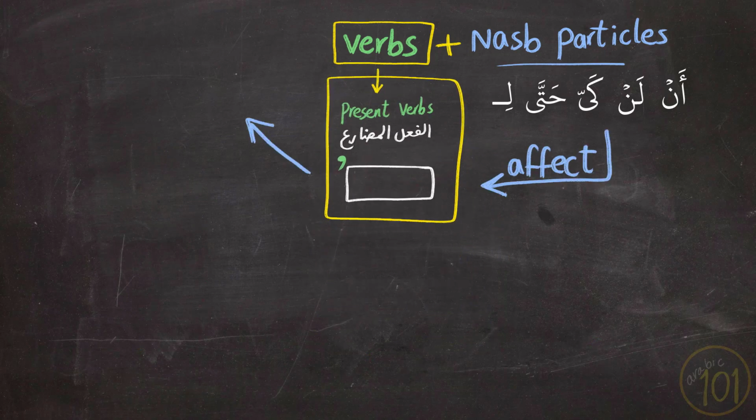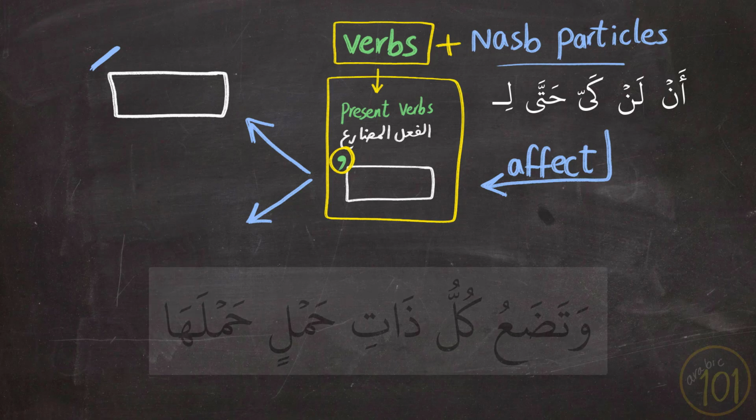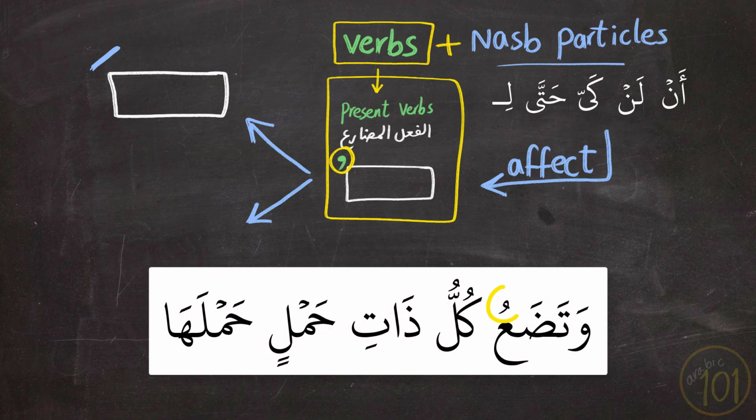two ways. First, present verbs will end with fatha instead of dhamma. Notice here the verb tada'u is normally used with dhamma at its end. وَتَضَعُ كُلُّ ذَاتِ حَمْلٍ حَمْلَهَا.